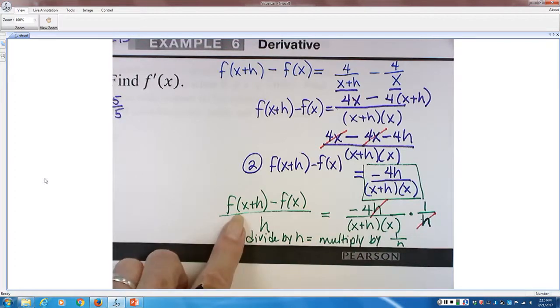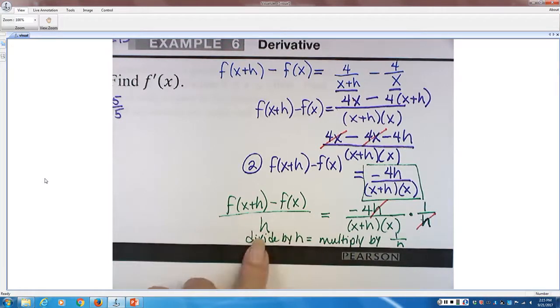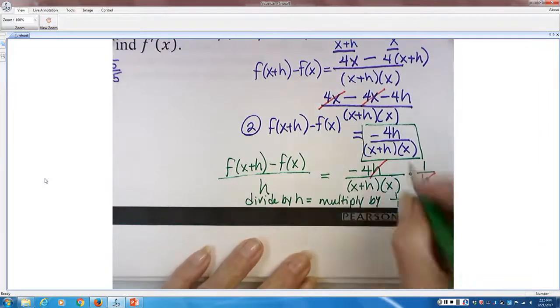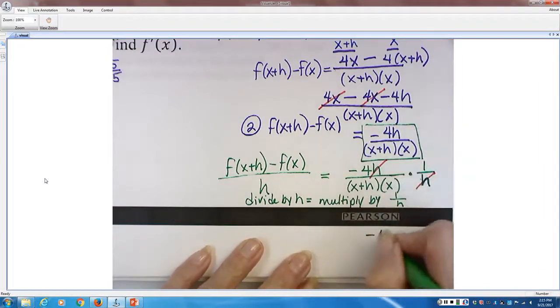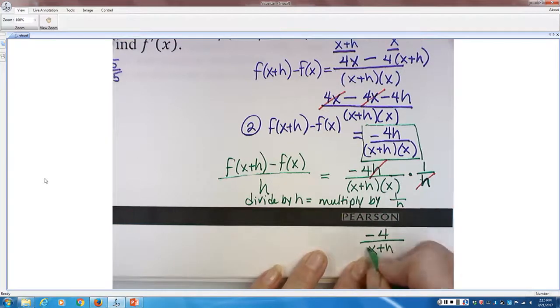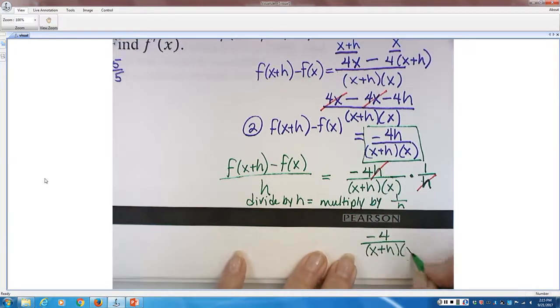So f of x plus h minus f of x over h is actually equal to negative 4 times 1 is negative 4 over x plus h times x.